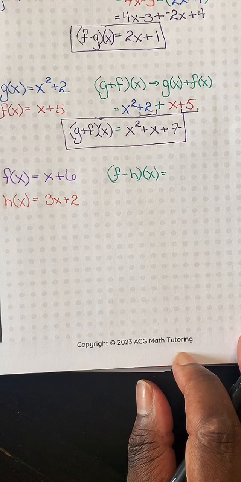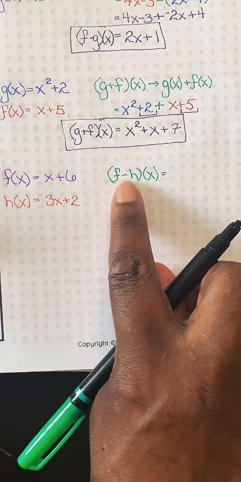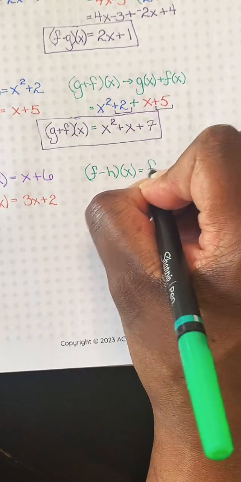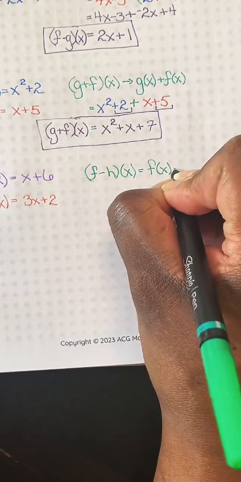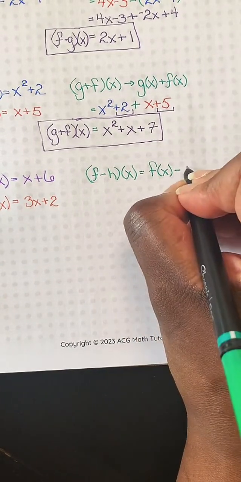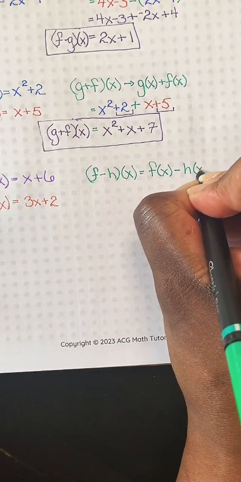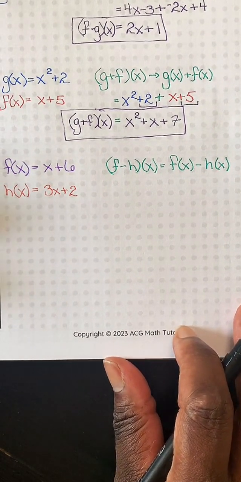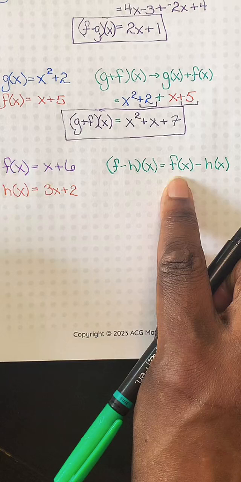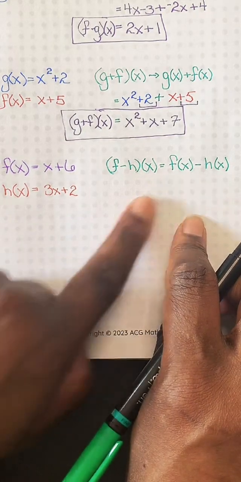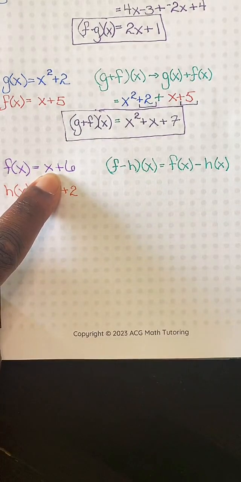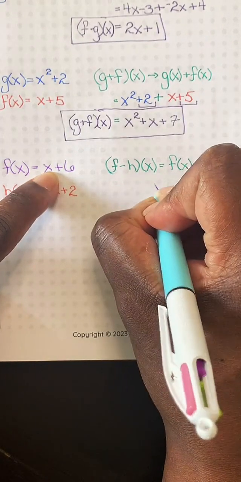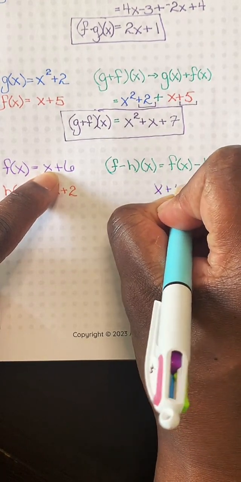All right. So, remember, f minus h of x basically means the f of x minus the h of x. So all we're doing is substituting. What's my f of x? That would be my x minus 6. Oops. So that means we have x plus 6.